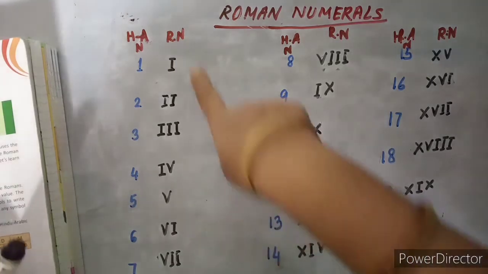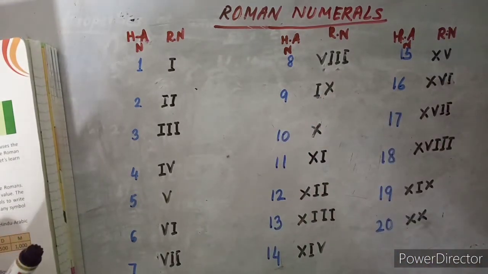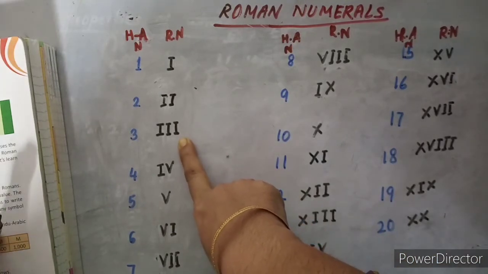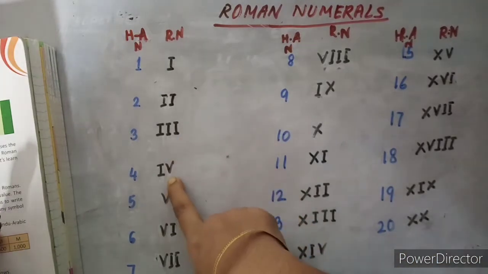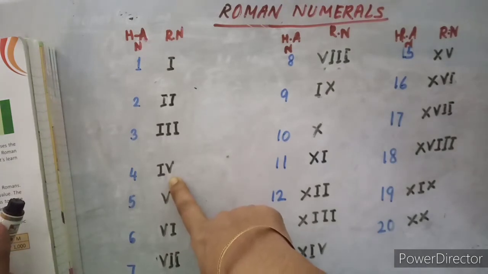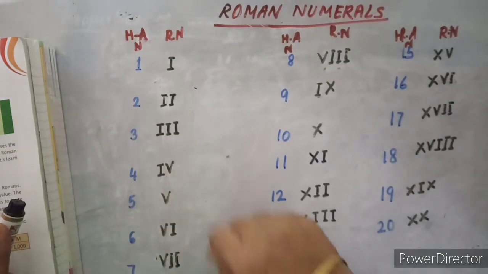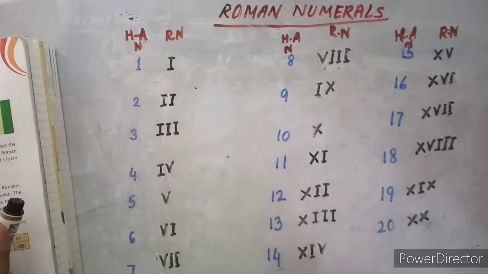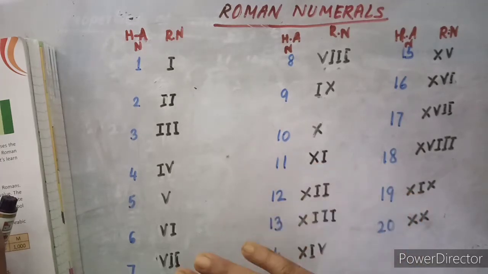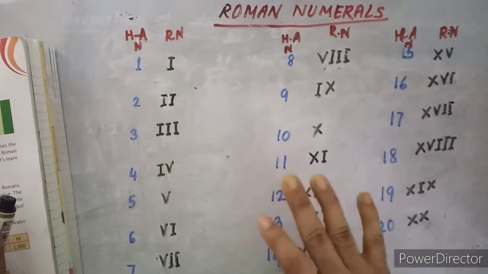So this is the way you write down the Roman numerals. Now here one point has to be considered: up to this you have used I's, isn't it? Why have you not used 4 I's here? That is one of the questions, isn't it? So in Roman numerals you have a rule that you cannot use any symbol more than 3 times, up to 3 times, not more than 3 times.